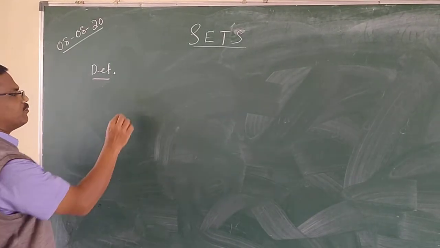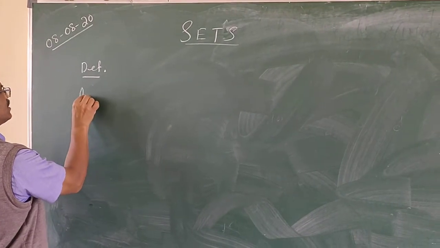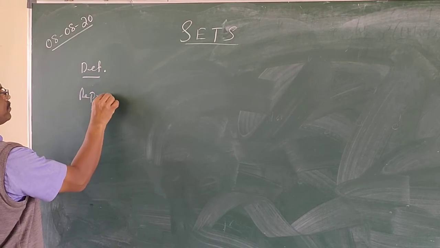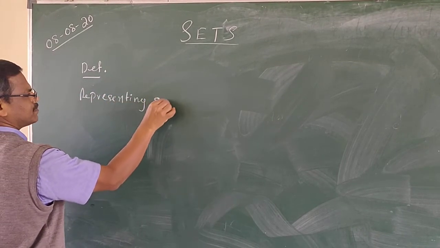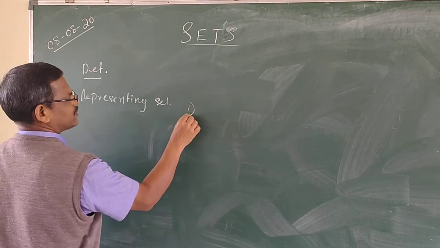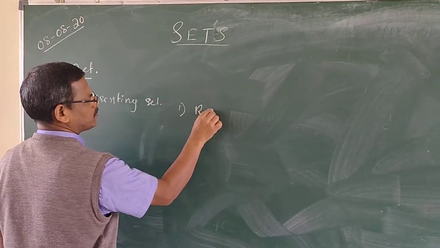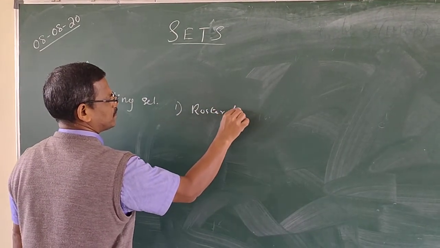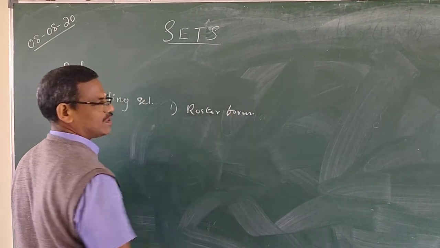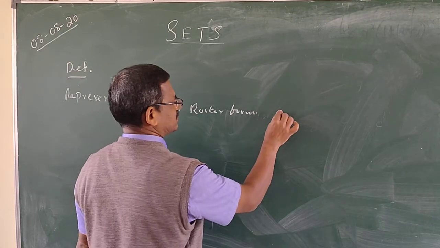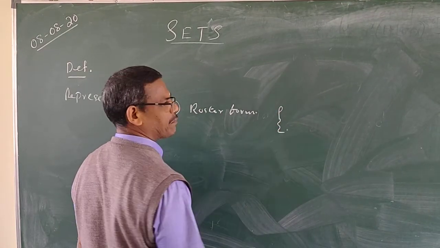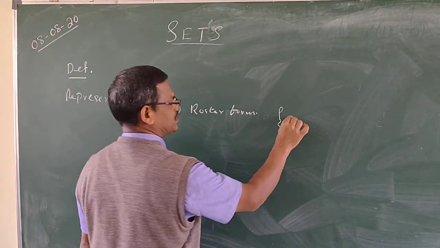There are two ways of representing the set. One is roster form. Here, all the elements of the set will be put in flower brackets, listed out in the flower brackets.